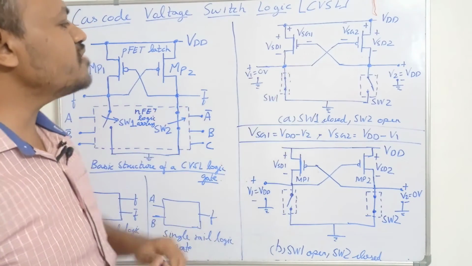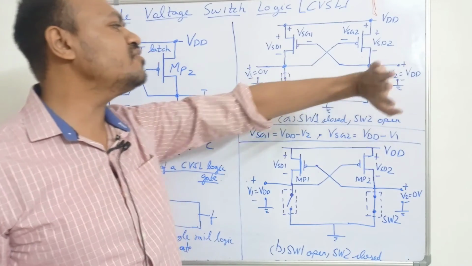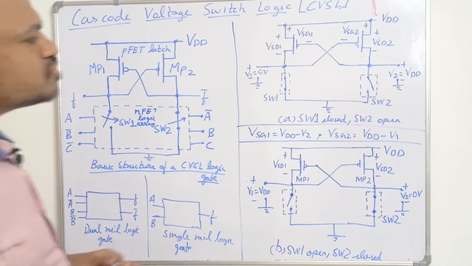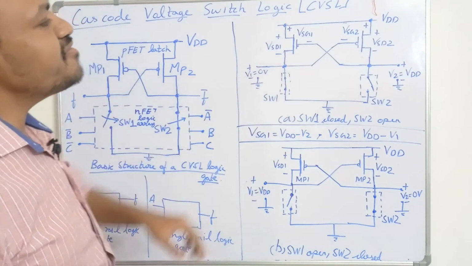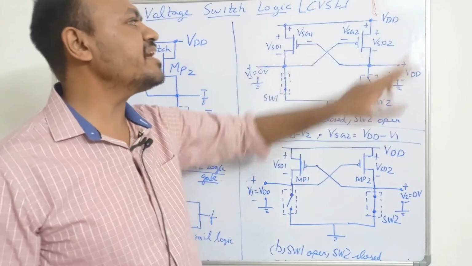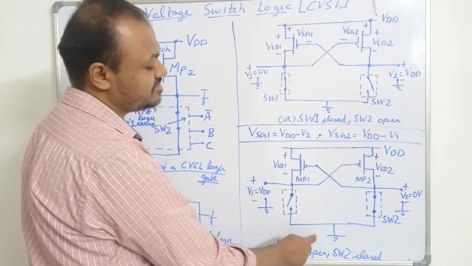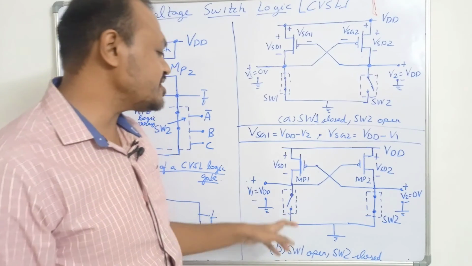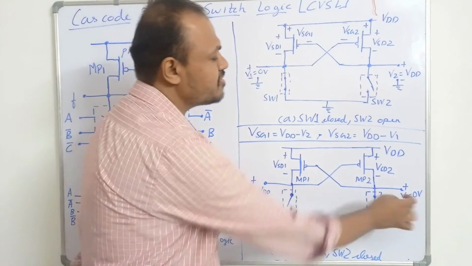If SW1 is closed, V1 will be equal to 0 volt, and V2 will be equal to VDD, because when V1 is 0 volt, this PMOS will be on, so V2 will be connected to VDD. Similarly, in the second state, SW1 is open and SW2 is closed, so V1 equals VDD and V2 equals 0 volt.